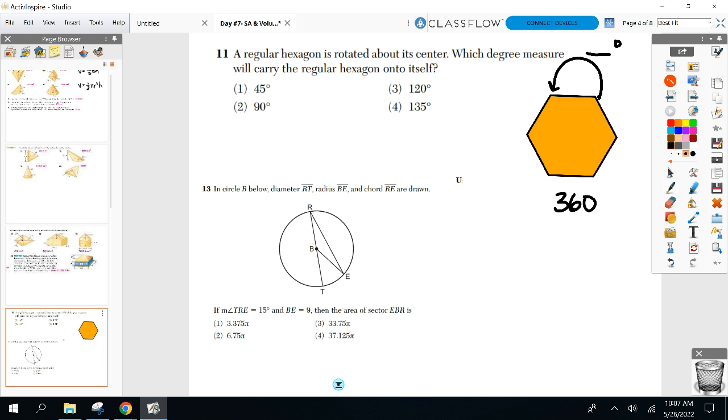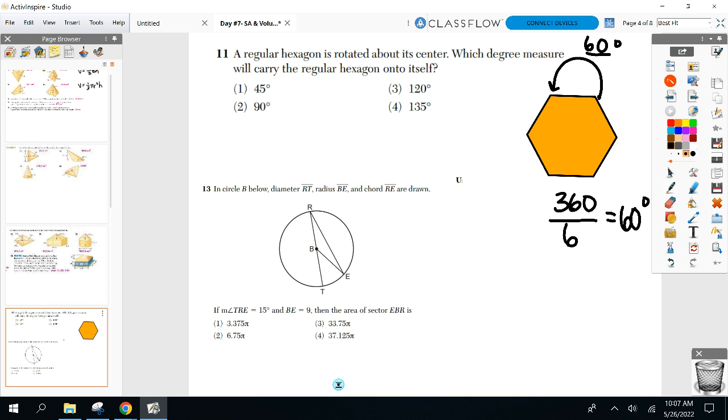How many turns? 6 vertices, right? Turn to each vertex, 6. So every time I go 60 degrees, you're going to get that same hexagon back. Problem though? Not a choice, right? Remember what we just said. Every time you go 60 degrees.